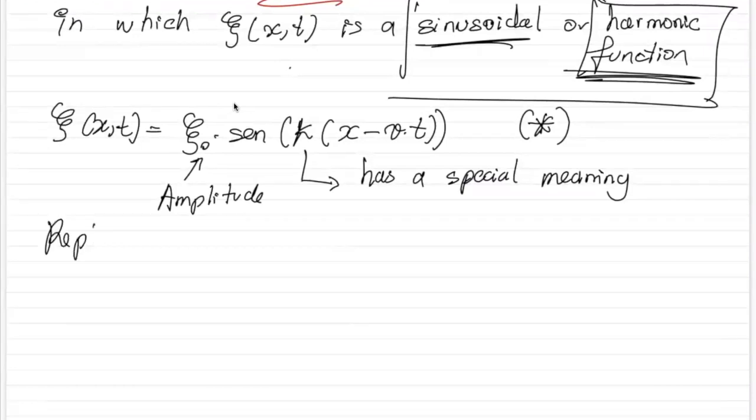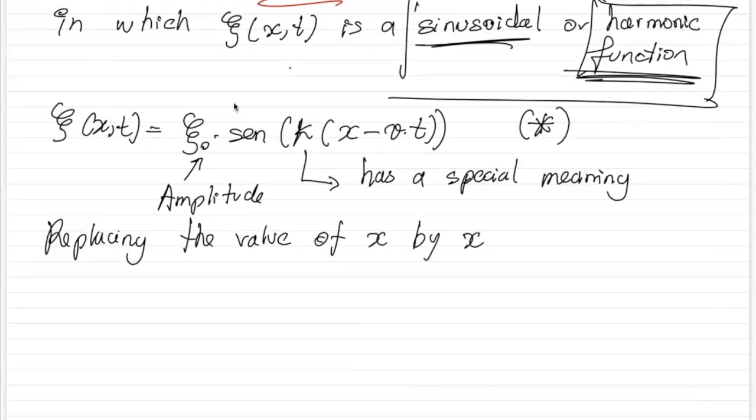Replacing the value of x by x plus 2 pi over k, we get for this expression the same value.